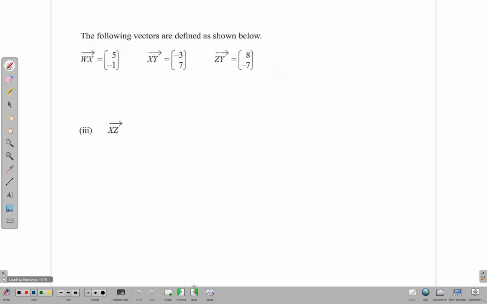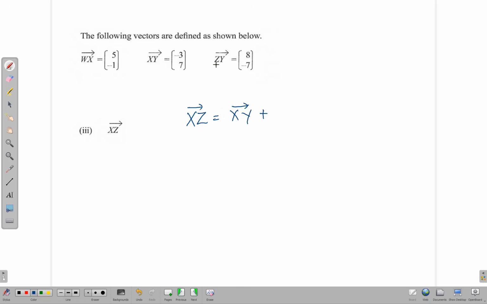Continuing, we need to find xz. So for xz, we are at x and we need to get to z. So we could go xy, that is convenient, it's there already. So we go from x to y. Now we need something that connects us from y to z, since we want to be at z.